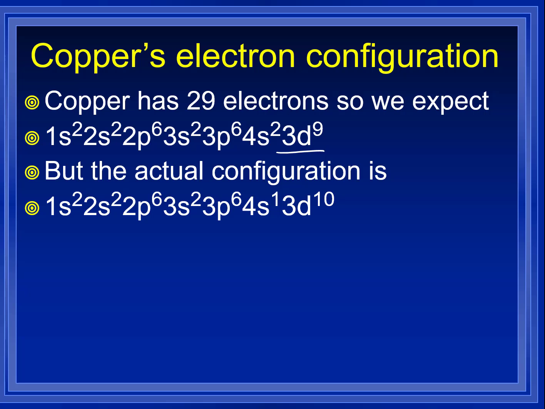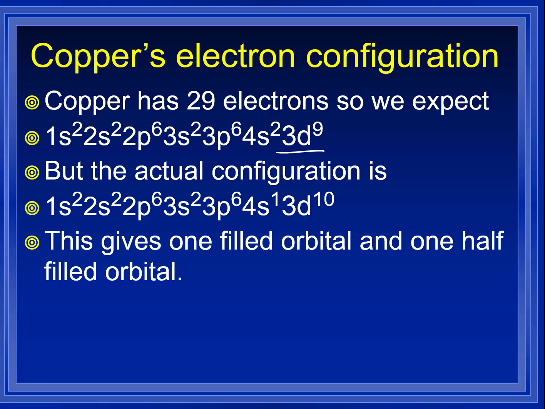What's the benefit in that? Well, I started off with 4s2, full, and d9, nothing special. Now I ended up with 4s1, half full, and 3d10, full. One full and one half full orbital, both are lower energy.